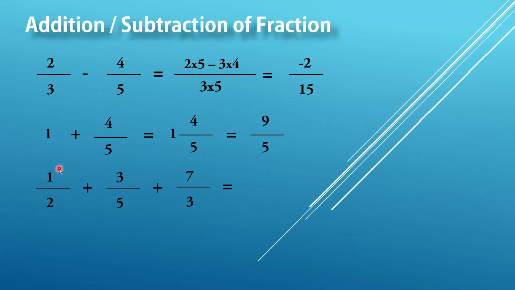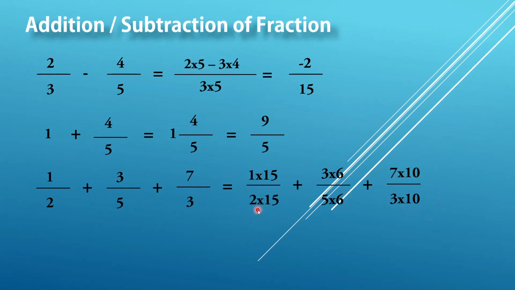So we can multiply and divide and take 30 as the common denominator. Here we have 2, so we can multiply 15 and divide 15, which will give the same result. So 1 into 15 divided by 2 into 15, plus here we have 5, so 6 and 6, plus here we have 3, so 3 into 10.